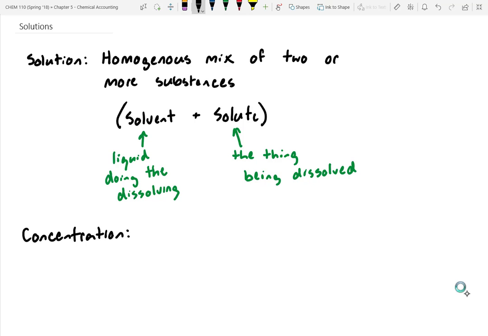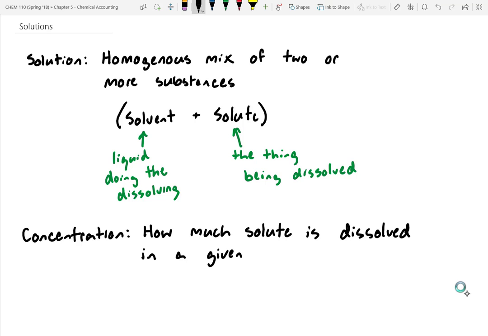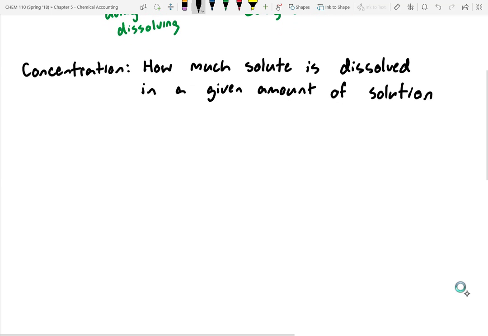And concentration basically describes how much solute is dissolved in a given amount of solvent. Pretty basic, right? So you can have salt or sugar water that's got a lot of sugar in there. If you've ever been to the South and had sweet tea, you probably know what I'm talking about.